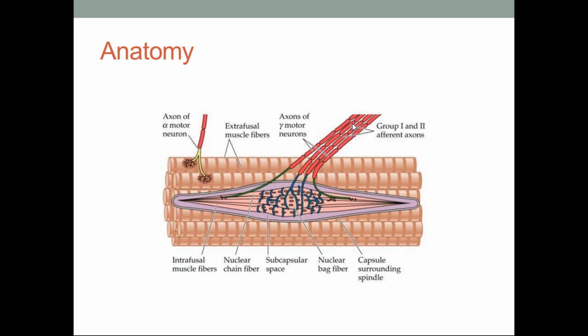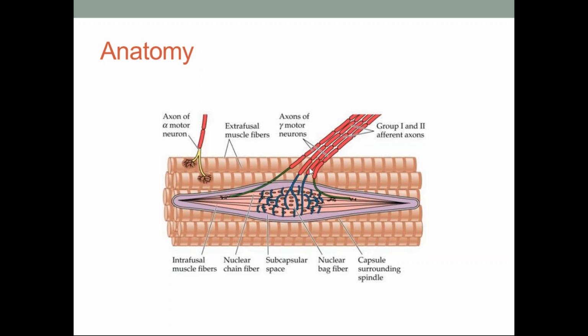Because remember, when we say nerve fibers, we're referring to the axon. This picture doesn't really show flower spray like it usually is, but more toward the ends is the flower spray, which is the dendrite portion of the neuron. The axon is called a type 2, or secondary fiber.